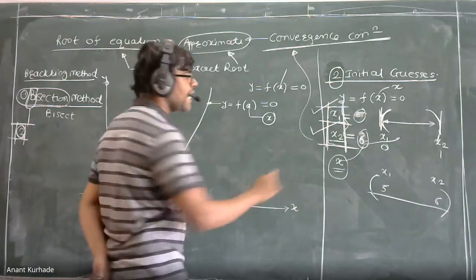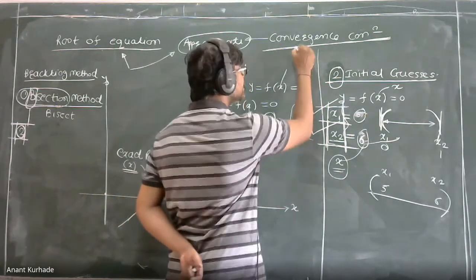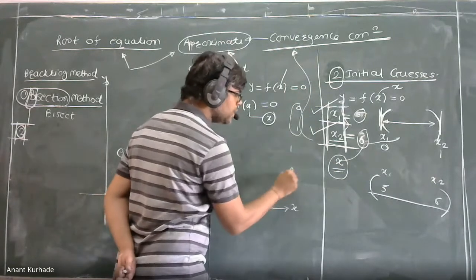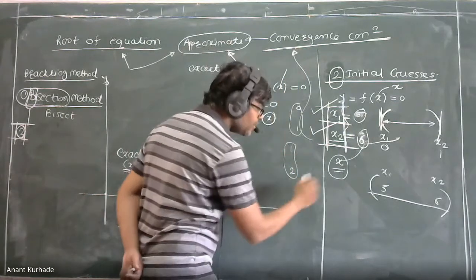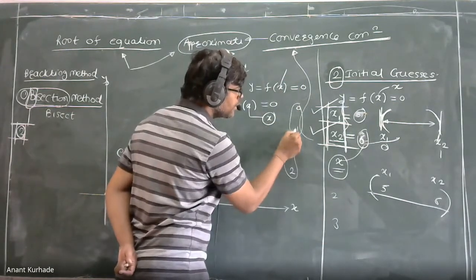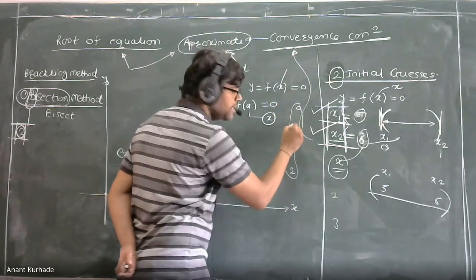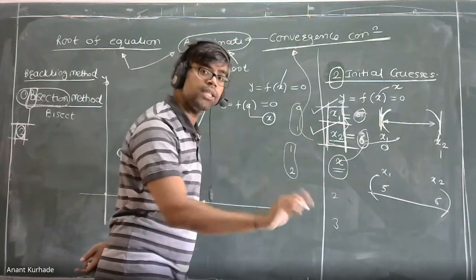If you start with 0, 1 and it fails to satisfy this condition, then go with 1, 2. If that does not satisfy the condition, again you can take 2, 3. If x1 equal to 0, x2 equal to 1 does not satisfy this condition, it means the initial guesses are wrong, that is, the root does not lie between these two values.